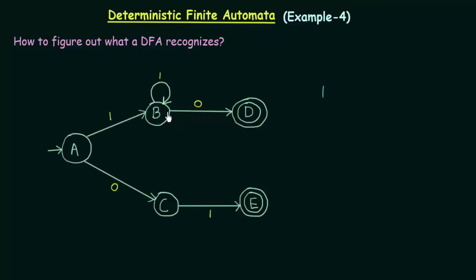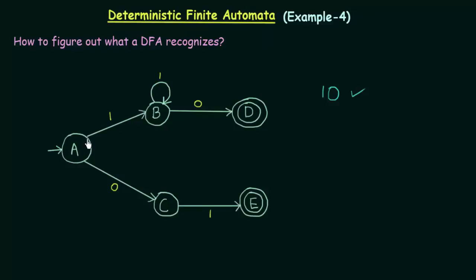If it gets 0, it directly goes to D, which is a final state. D has a double circle which shows that it is a final state. So 1, 0 is accepted.